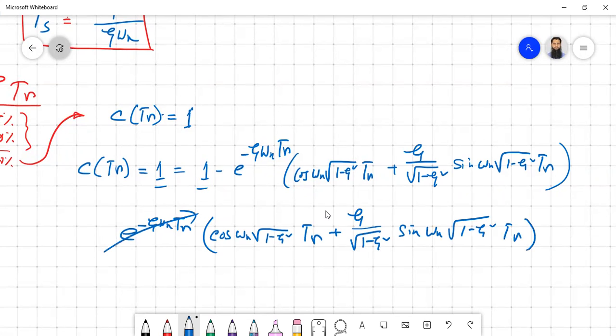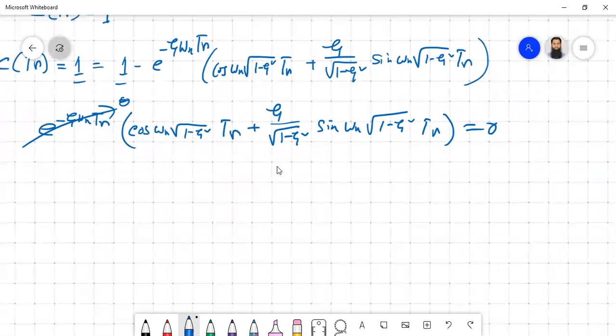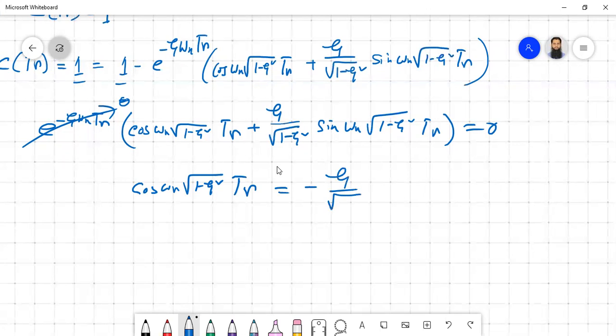This exponential parameter cannot be zero, so we can make it vanish by multiplying with the other side. What is left is this parameter. Now you can rearrange a bit: cos of omega n root over 1 minus zeta squared tr equal to minus zeta by root over 1 minus zeta square times sine of omega n root over 1 minus zeta squared tr.